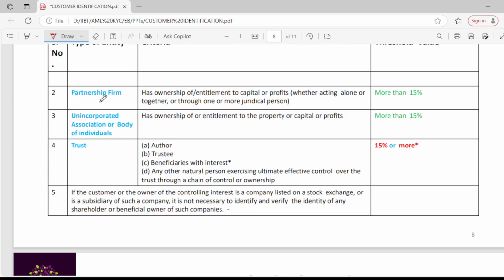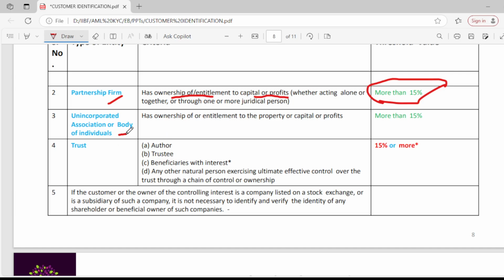Second entity is partnership firm. A natural person who has more than 15% ownership or entitlement in terms of capital or profit can be treated as beneficial owner to the partnership firm.